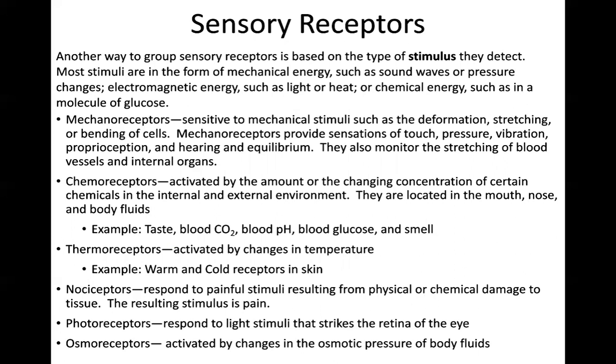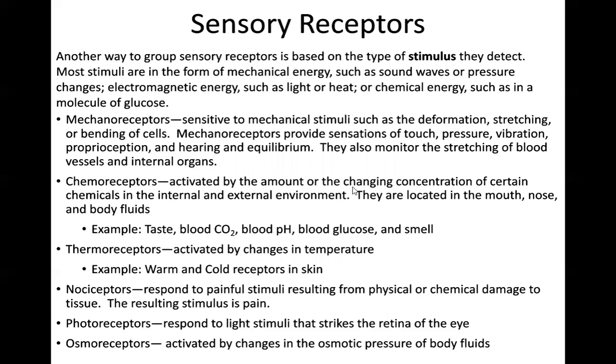When you stretch your muscles and your tendons, you're deforming them and the cells that make them up. So that's how they can become stimulated. Stretching, like in the stomach or in your muscles, bending of cells. So they provide us sensations of touch, pressure, vibration, proprioception, as well as hearing and equilibrium, as well as monitoring stretching of blood vessels and internal organs.